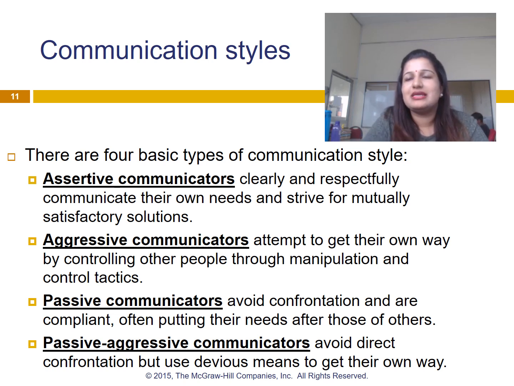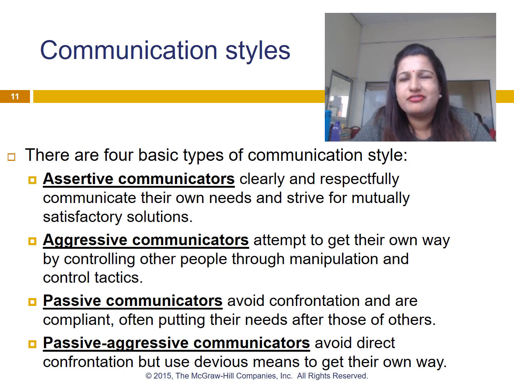So assertive communicators are very clear. They articulate well. They are respectful of your needs. So when they do this, they communicate their own needs and also, again, the key word, try to achieve mutual satisfaction through solutions. They'll solve it.